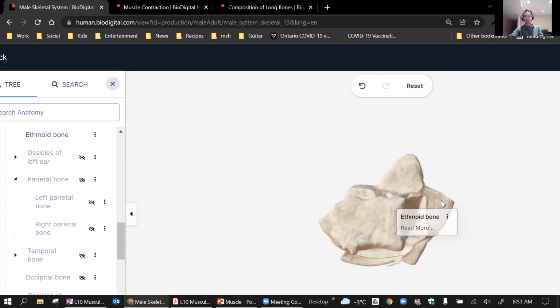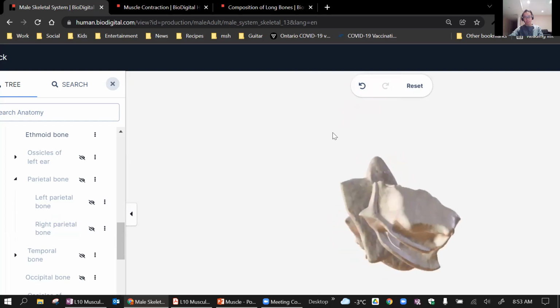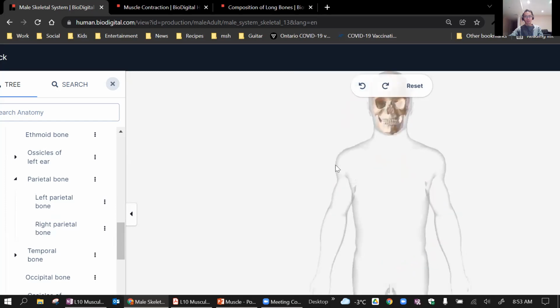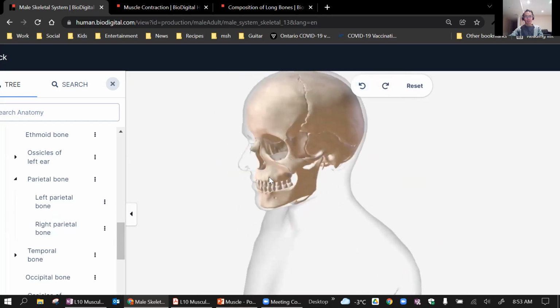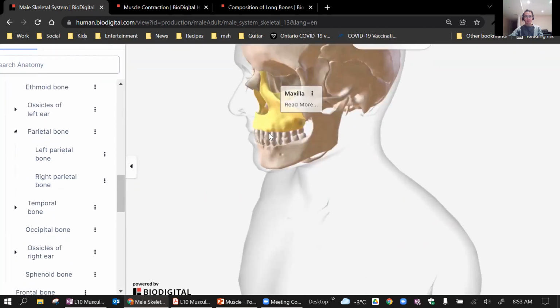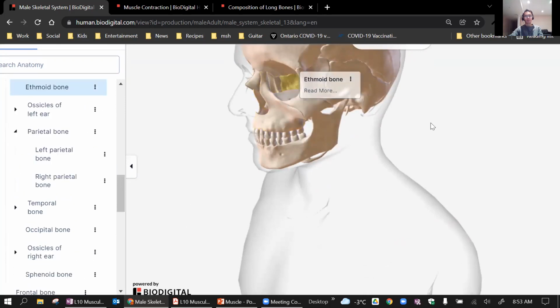So it forms part of your nasal septum, but this would be the medial side of your eye socket. Okay, there is your ethmoid bone, and that I would say is another irregular bone. Okay, so on the medial side, 3 bones: we have the maxilla, lacrimal, and then ethmoid.